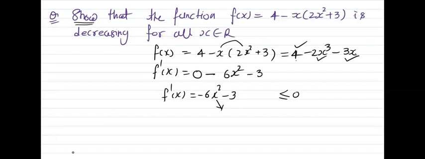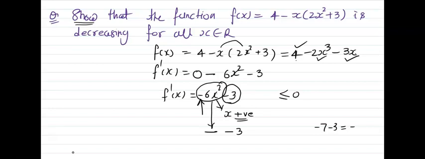See, this is x square, so it is positive. A positive number, when you multiply it by a negative sign, will be negative. So this whole thing is negative. And in a negative number, you are doing one more negative, right? Suppose it is minus 7.